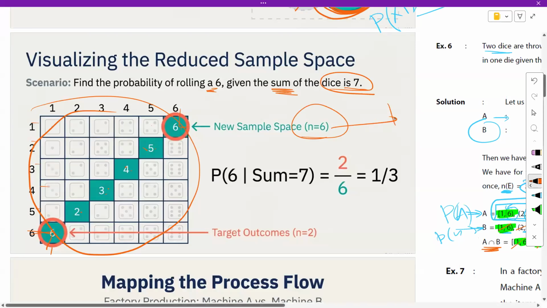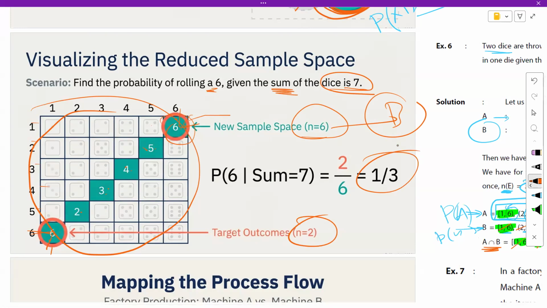This is B. And exactly 6, the ones with a 6: (1,6) or (6,1). That is 2. So the probability is 2 over 6, 1 over 3. Is it clear? Yes, sir. Okay.